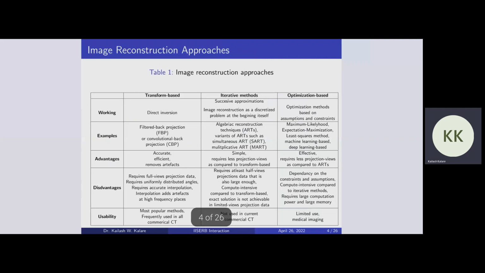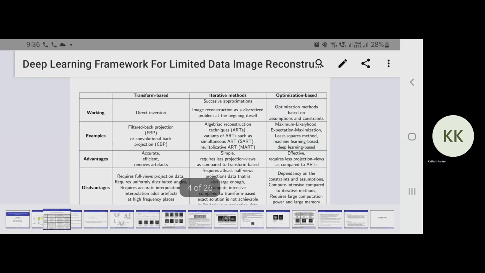But the main drawback is that these methods require full view projection data. If we consider an angle of 1 unit, these transform based methods provide a good reconstructed image only when we take the 360-degree projection data.